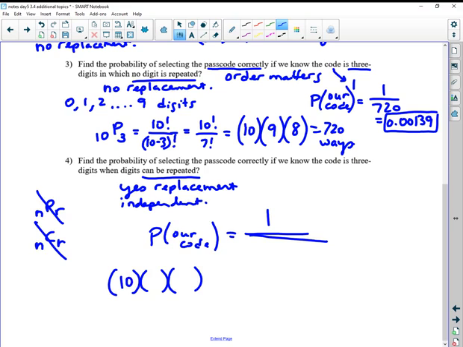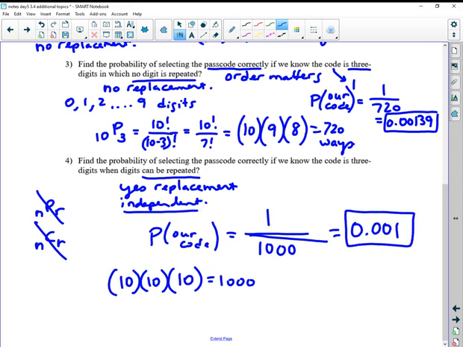And if we're independent, there's still 10 ways for the next digit. I can repick those digits. So that probability of selecting our code in that situation is a little bit smaller than what we saw if we're not going to let the digits be repeated.